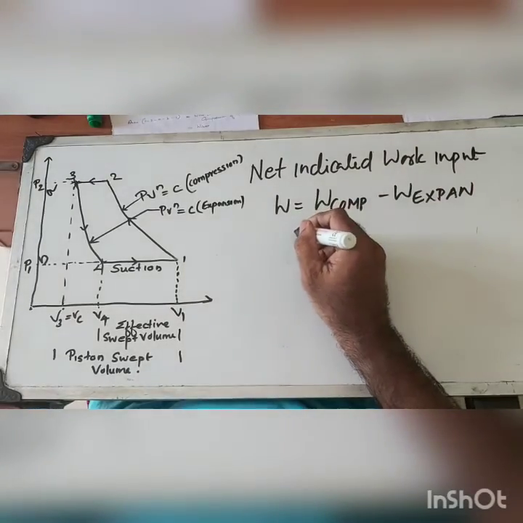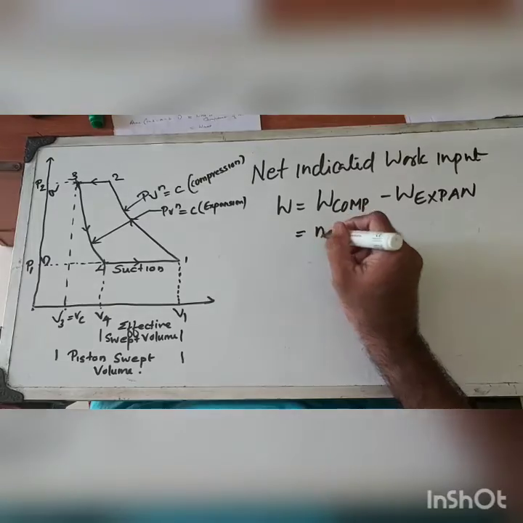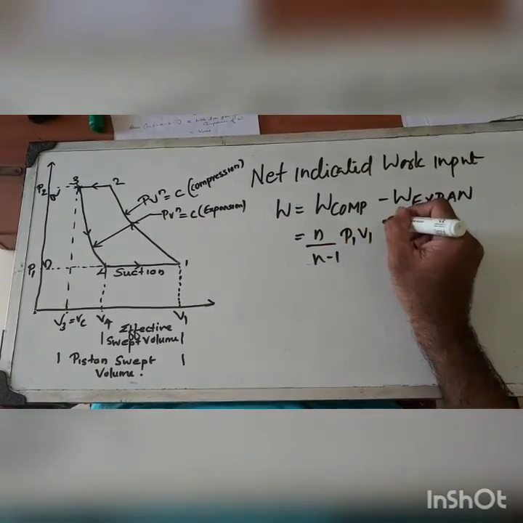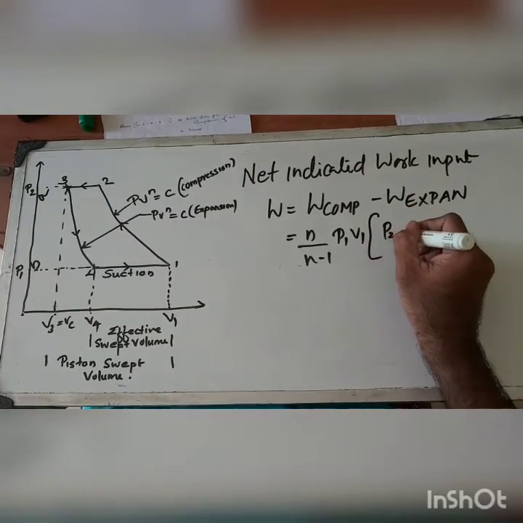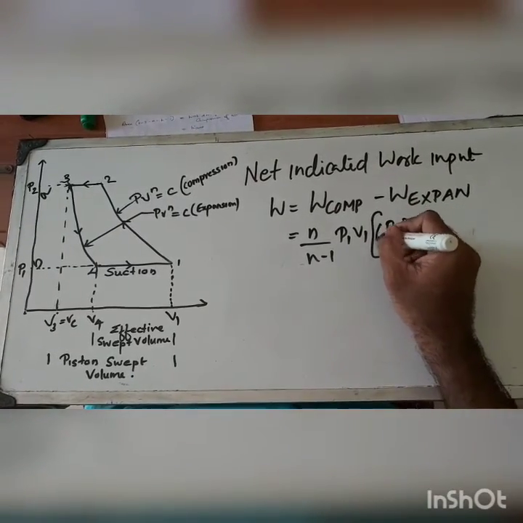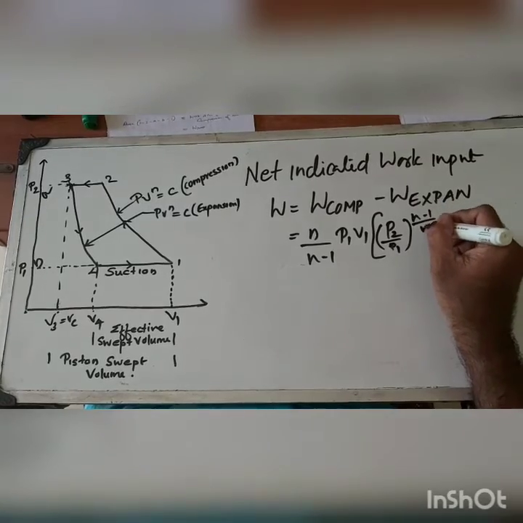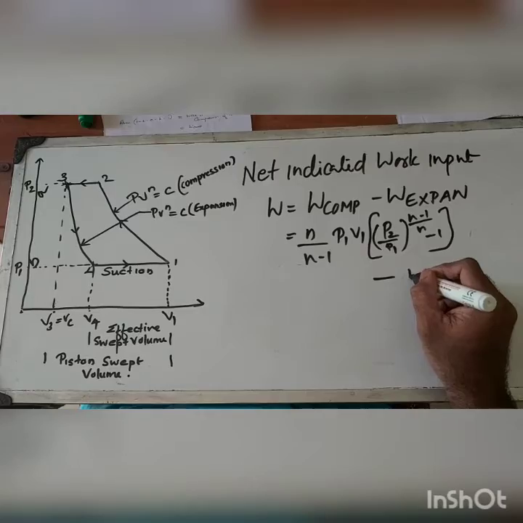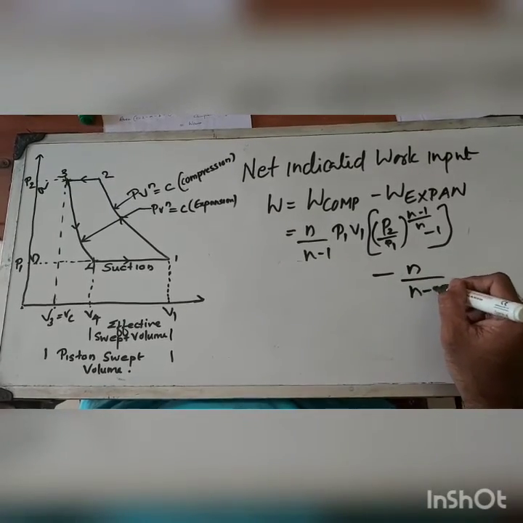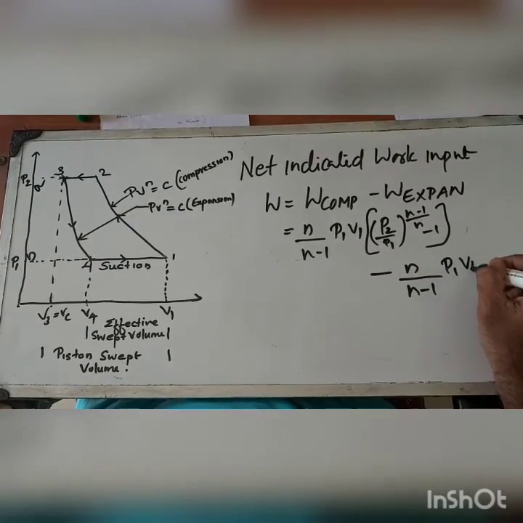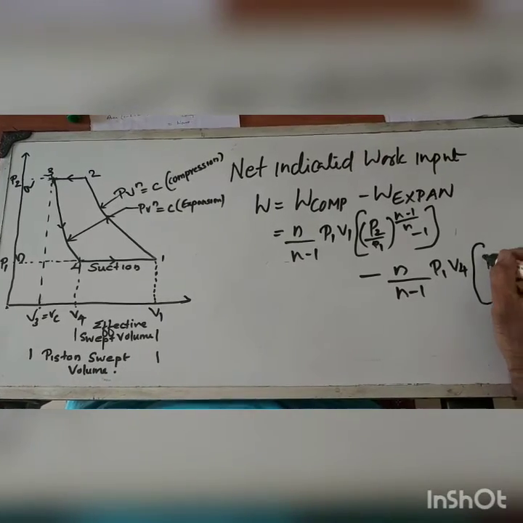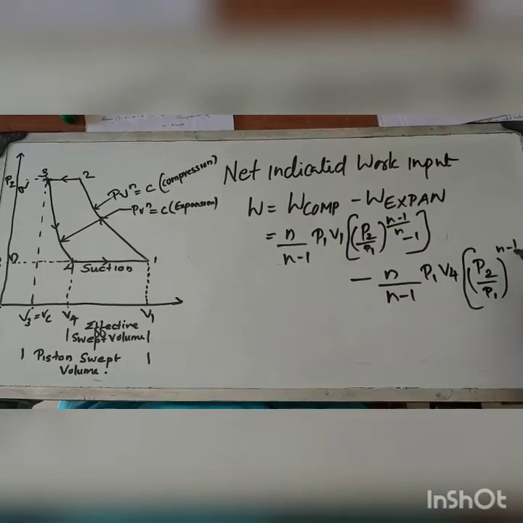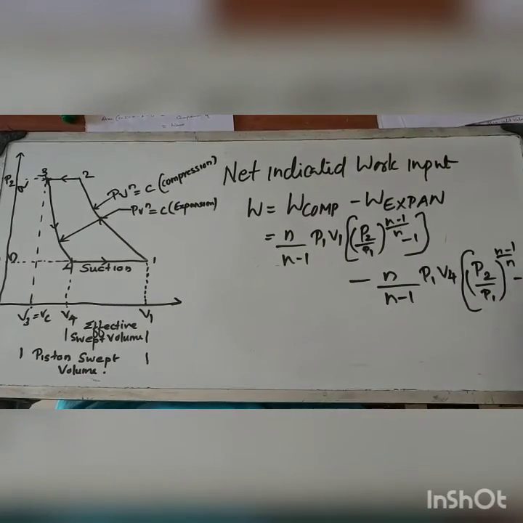So work of compression is n by n minus 1 P1 V1 into (P2 by P1) all raised to (n minus 1) by n, minus 1, minus n by n minus 1 P1 V4 into (P2 by P1) all raised to (n minus 1) by n, minus 1.